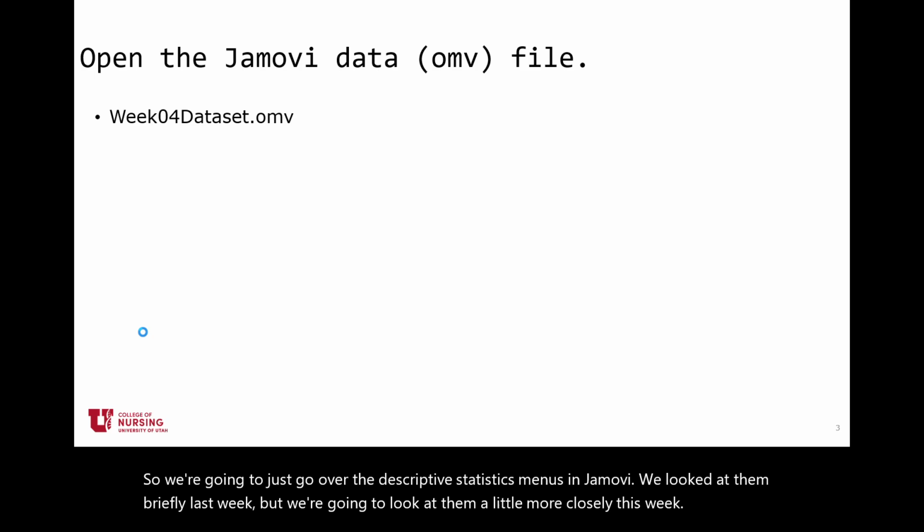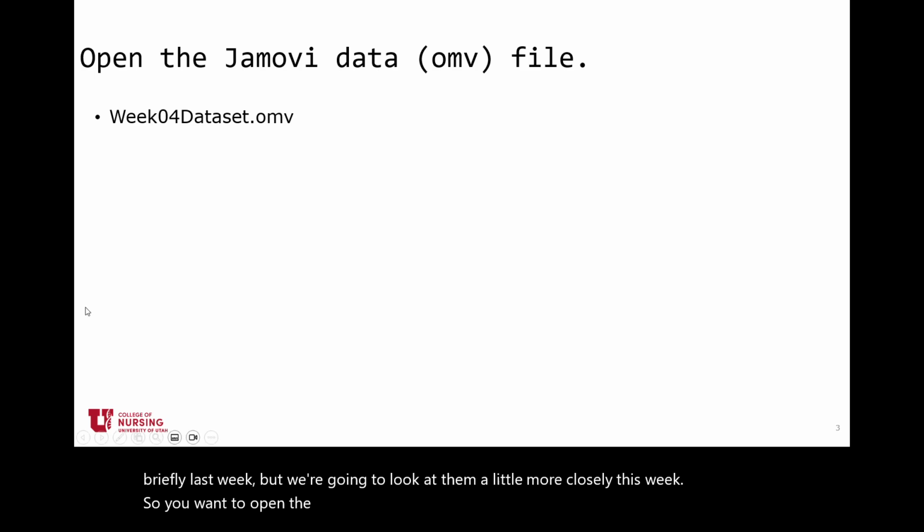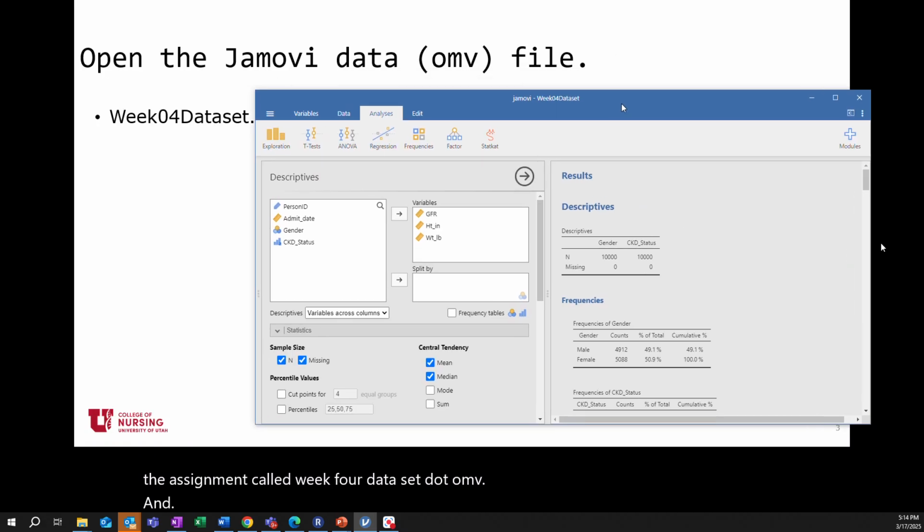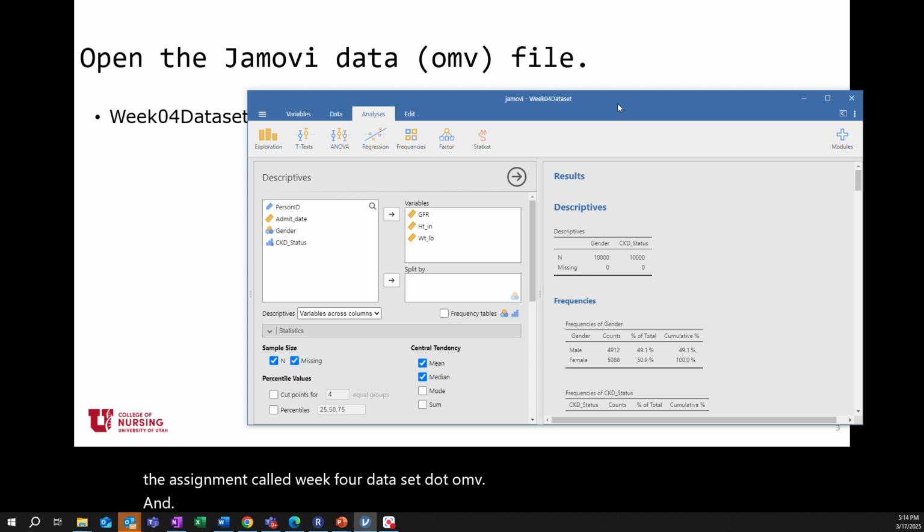So you want to open the Jamovi data file, and I think I put that on the Canvas page for the assignment called week 4 dataset.omv. Once you open that in Jamovi, you should be able to click the file if you install Jamovi.